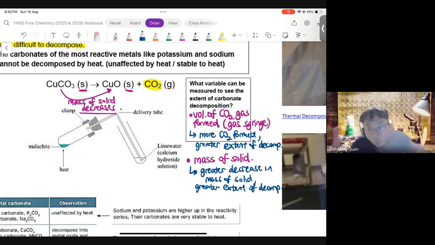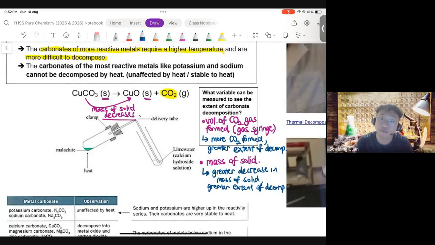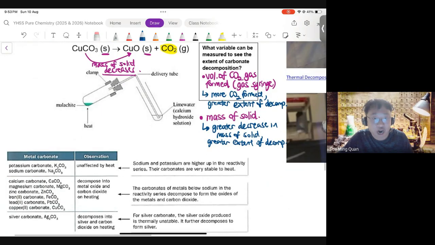If it goes down more, that means it has decomposed more. Now, this is very important because knowing the variables that can be measured, I can actually perform experiments. I can either measure the volume of CO2 gas or the mass decrease of the solid. And from that, we can work out which carbonates decompose more easily.